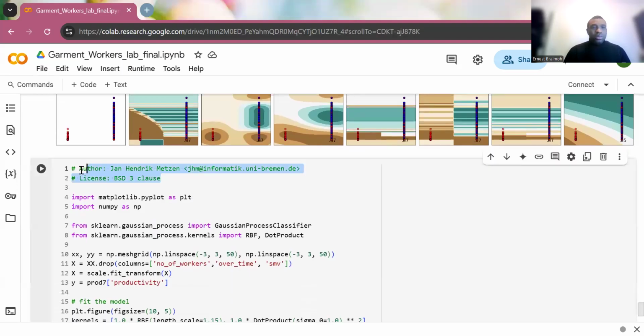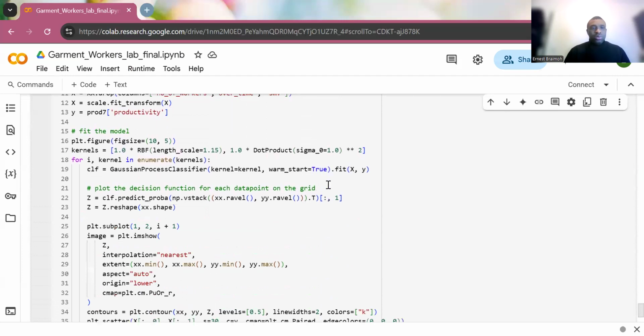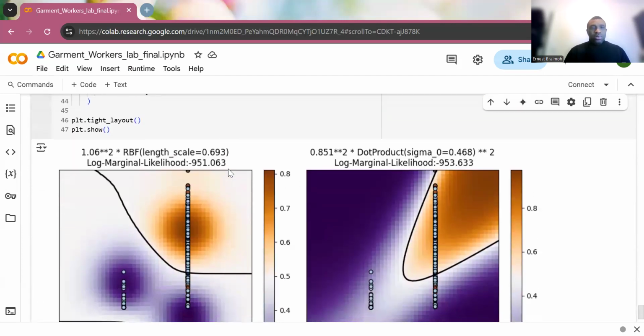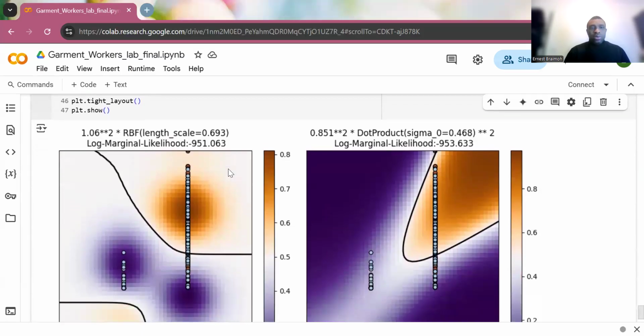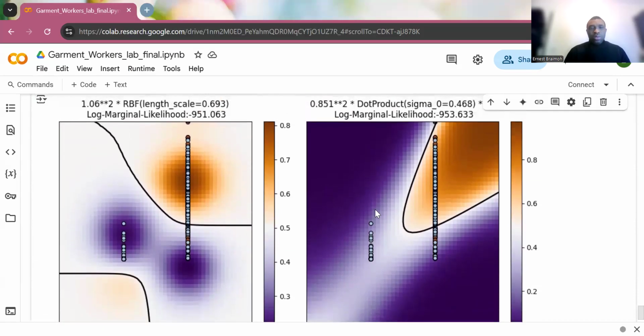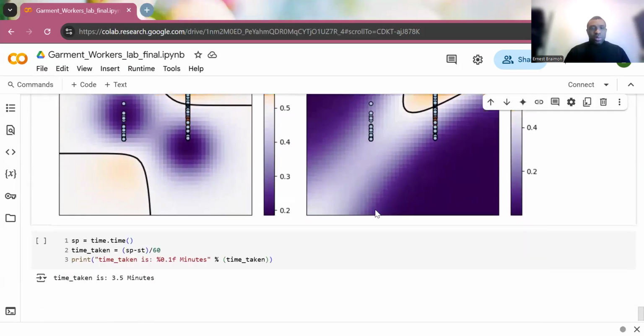Of course, you must give kudos to the people that gave the code. So this is the log marginal likelihood of different kernels. This is the RBF kernel, this is the dot product kernel, and the signal. See how they work to select and get accuracy of movement.